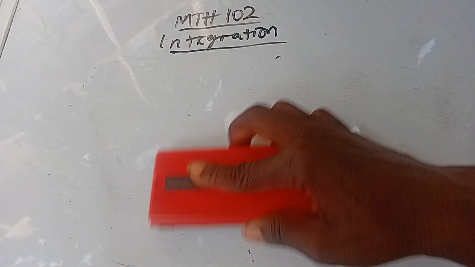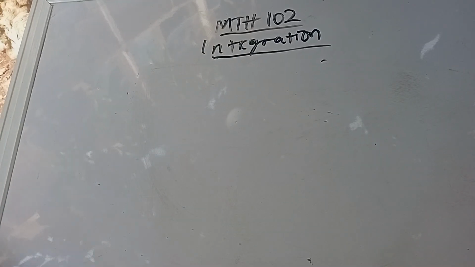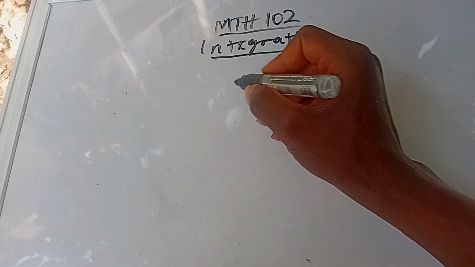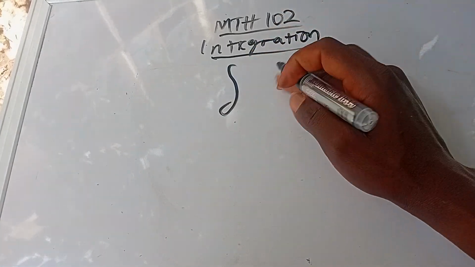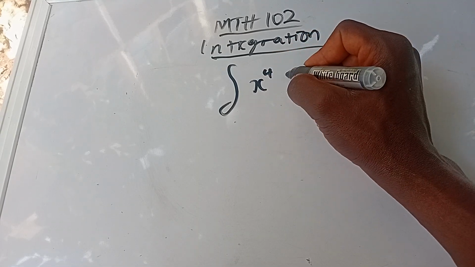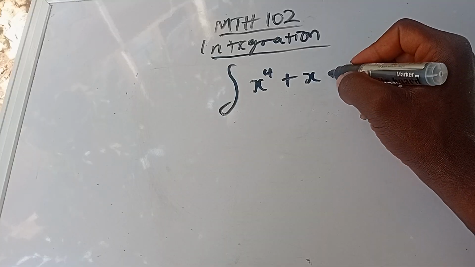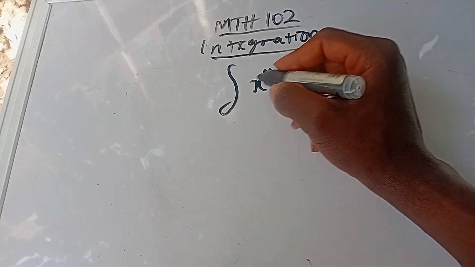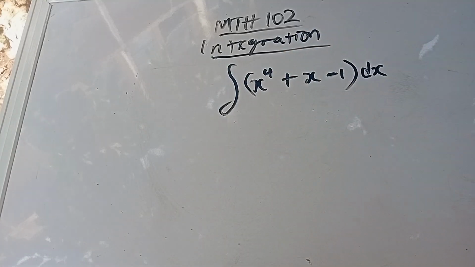Okay, before we move to another aspect, let's quickly solve a few questions on the basic rule that we've done. Now, let us integrate x raised to power 4 plus x minus 1 dx. Now we are dealing with indefinite integral.